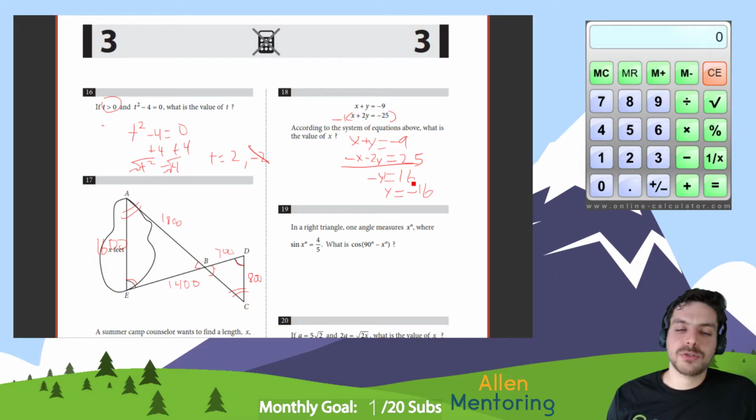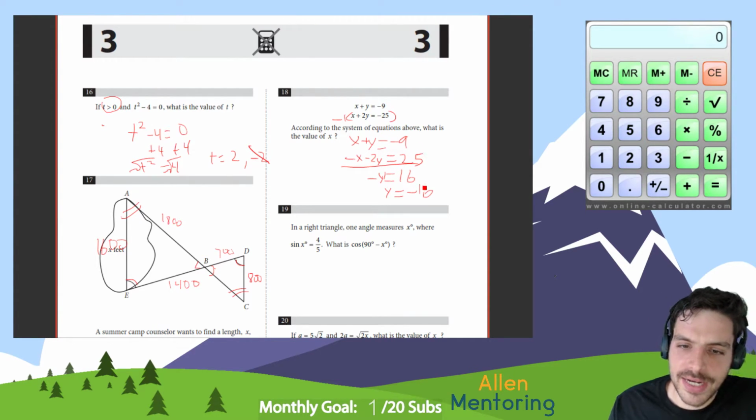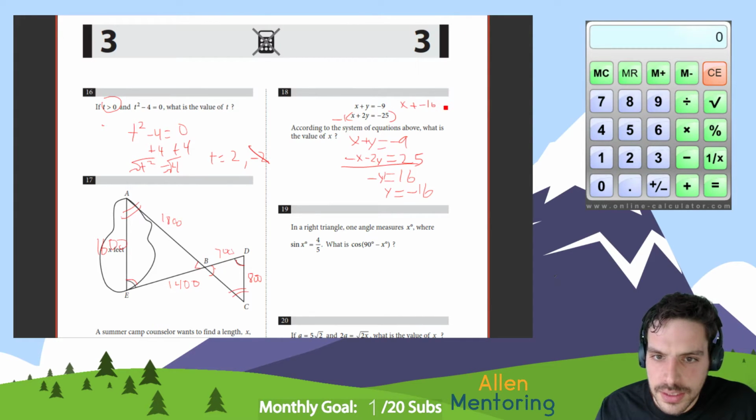All right, but they didn't ask us what y was. They're only interested in what x is. So we can plug in -16 for either of these two y's. You'll get the same answer. So let's plug it in for the first one. So I'll have x plus -16 is equal to -9.